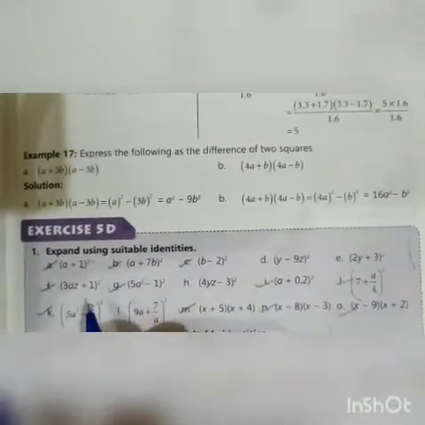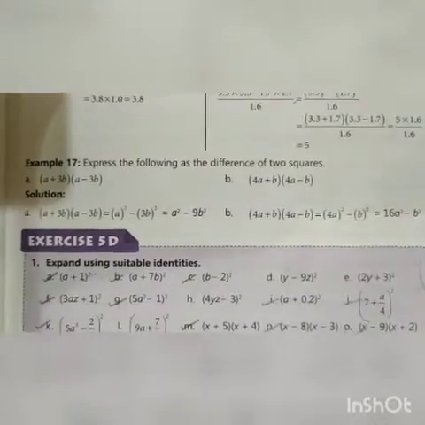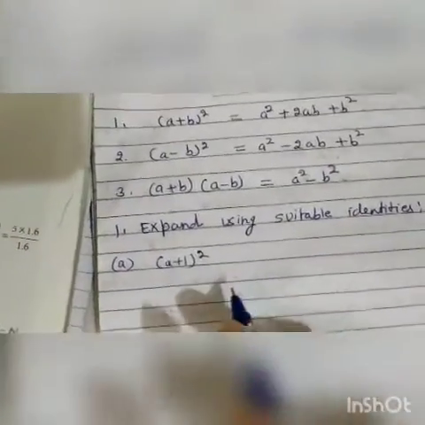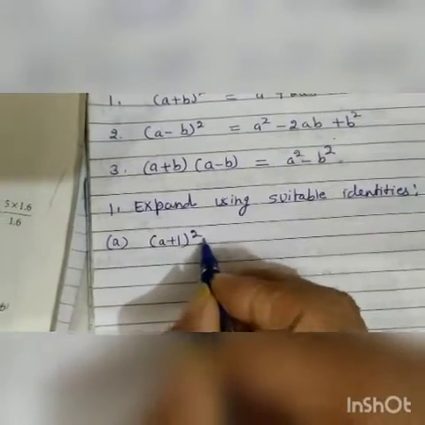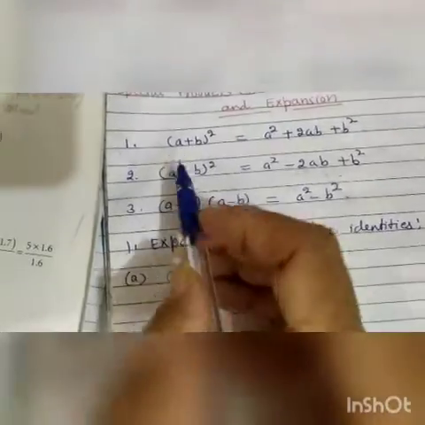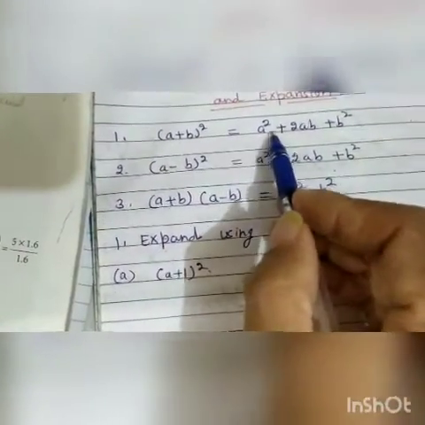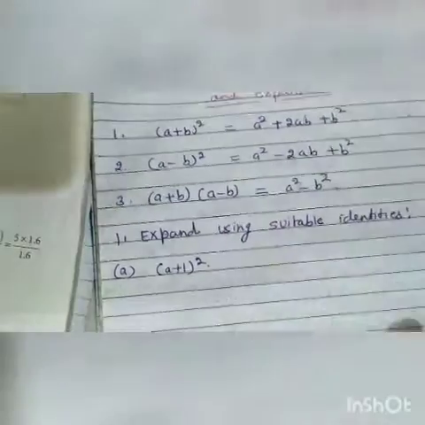In last class, I explained some examples also. Today I am going to give the solution of this exercise. So our first question is a plus 1 whole square. Here this is plus sign, so we will use the first identity: a plus b whole square is equal to a square plus 2ab plus b square.